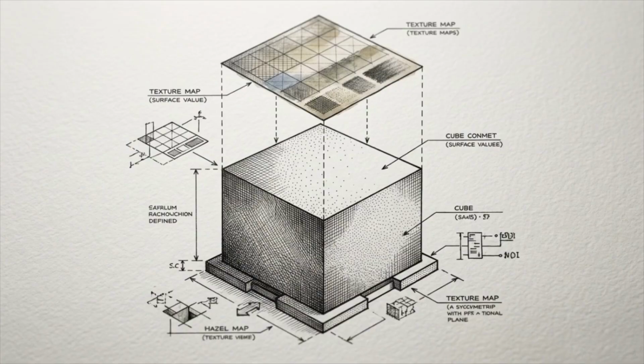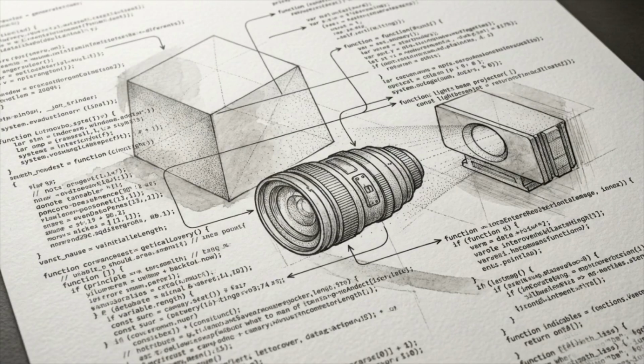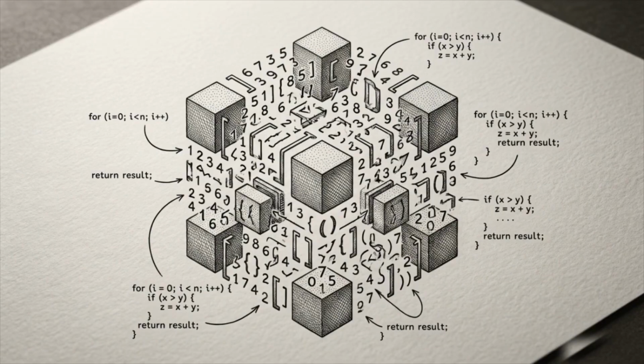Every object mesh, material property, camera coordinate, and light path exist strictly as structured data. The core value of visual computing applies here. The moment a shape is represented as structured data, it becomes mathematically programmable.